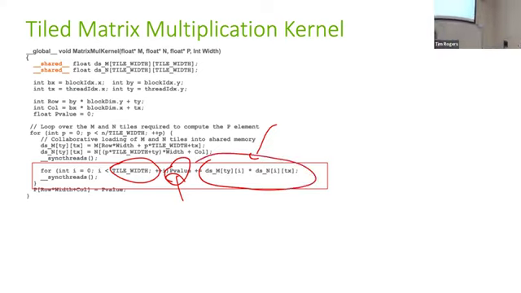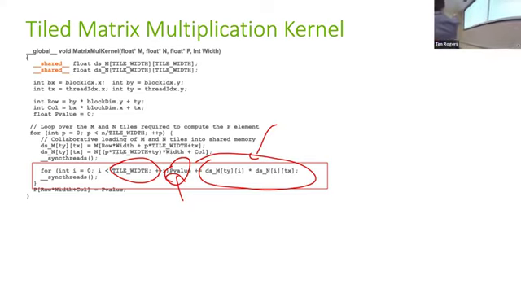So I loaded just once in every thread from the global memory space in order to do tile width multiplications and adds in the shared memory space, which has much higher bandwidth, a bandwidth that can keep up with the core, essentially. So this is how I save memory bandwidth.